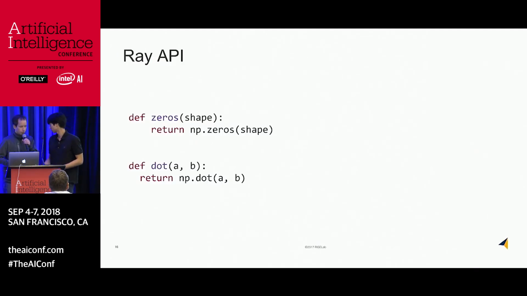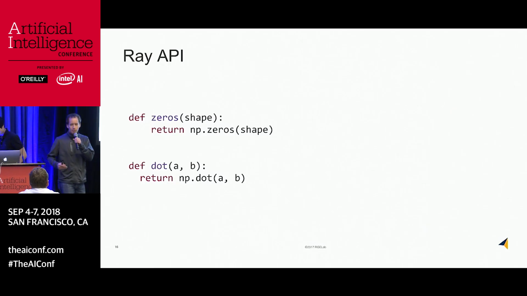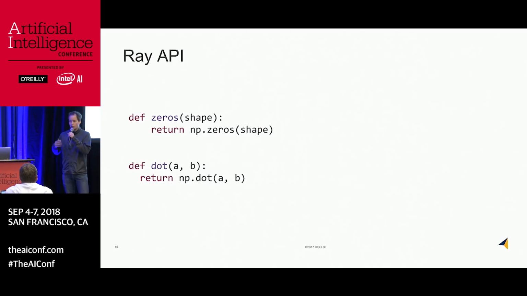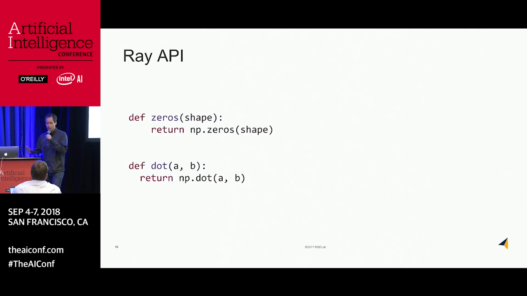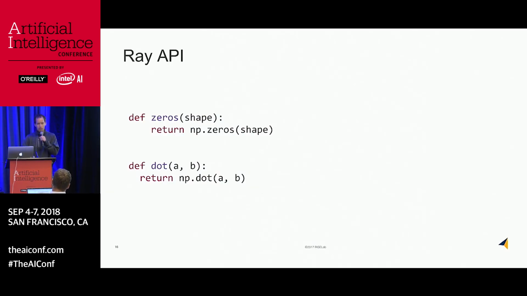One of the requirements was to make the system in such a way that it's very easy to take existing code and parallelize it. So the Ray API is focused on the two common paradigms for programming, which are functions and classes. You can take some existing Python functions, like for example here zeros and dot, and then use the @ray.remote decorator to make the function into a remote function.